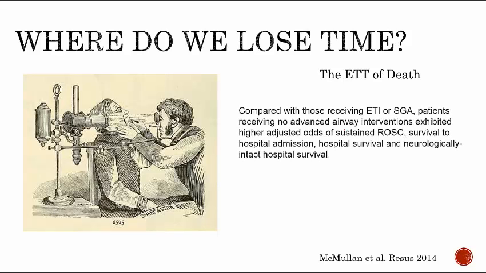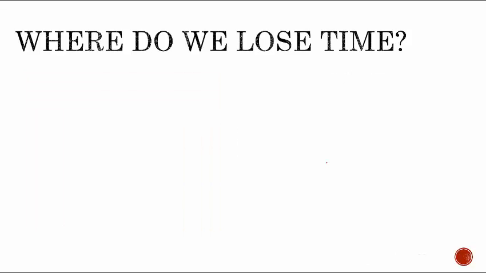And what they found, which is just food for thought, is that compared with placing an ET tube or even a supraglottic airway, the patients that had no advanced airway had higher odds ratios for ROSC, survival to hospital admission, and neurologically intact hospital survival. So the patients that they simply bagged through the code had better ROSC and better patient-centered outcomes. Very interesting, definitely food for thought.